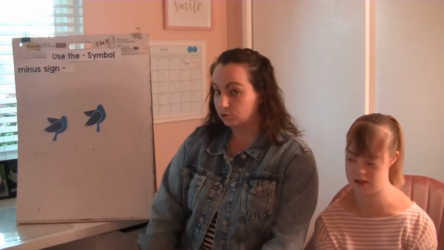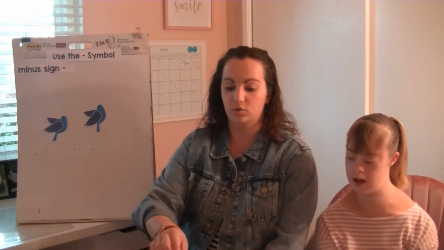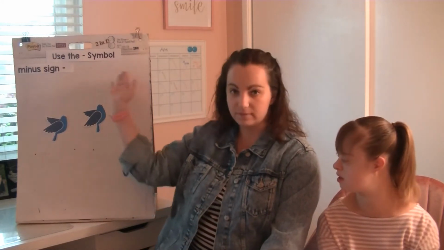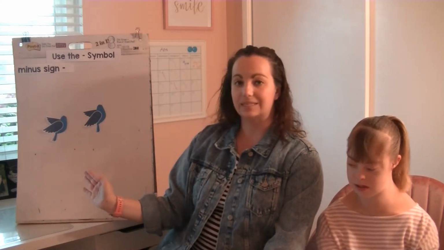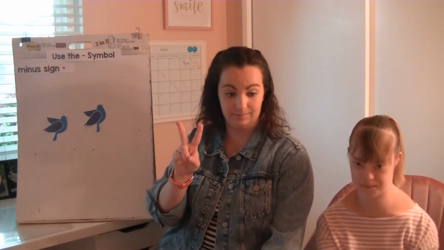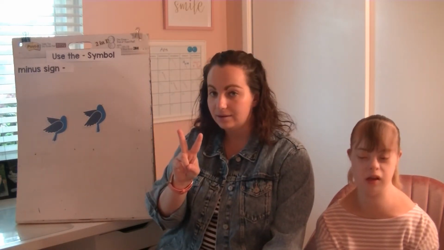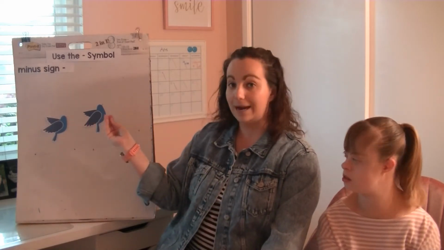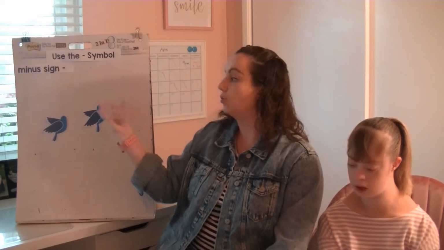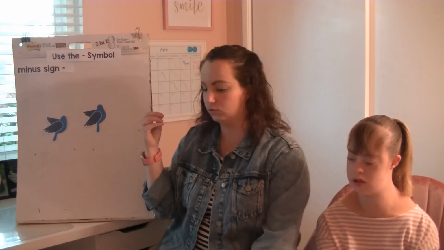Subtraction, you start with a number or a group of something. In this case, we start with two birds. Then, in subtraction, some is minus or taken away from the group.